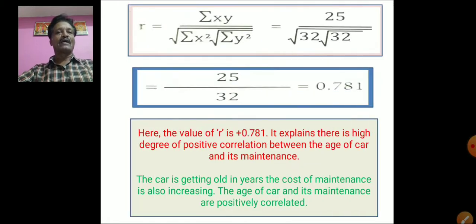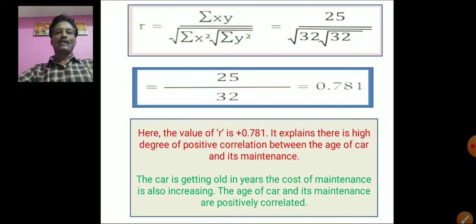Now you substitute the values. In the place of sigma small xy, you substitute 25. In the place of sigma small x square, you substitute 32. You put multiplication and under root, sigma y square, that is also equal to 32.